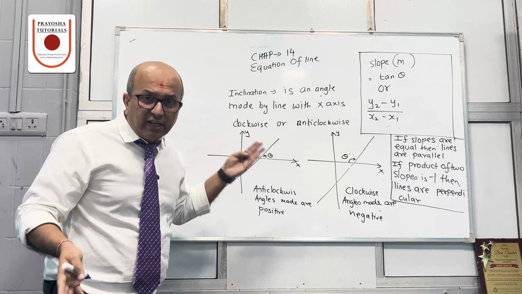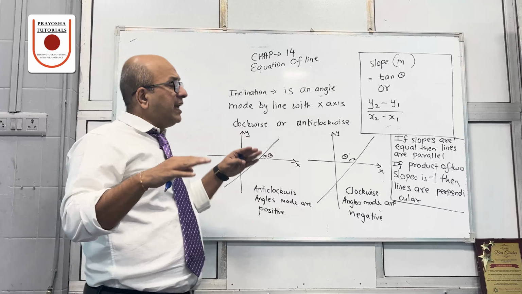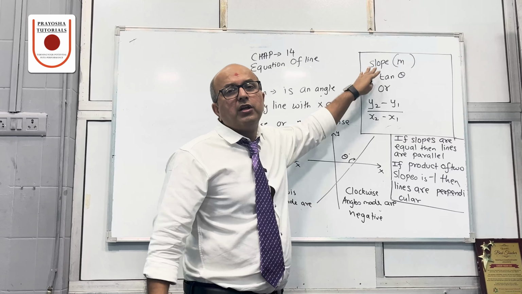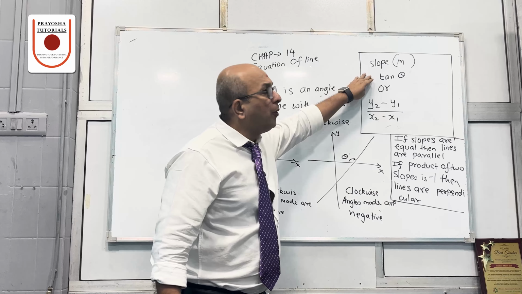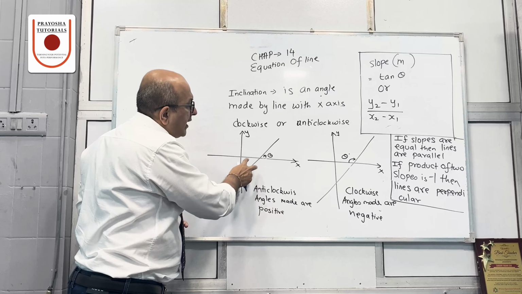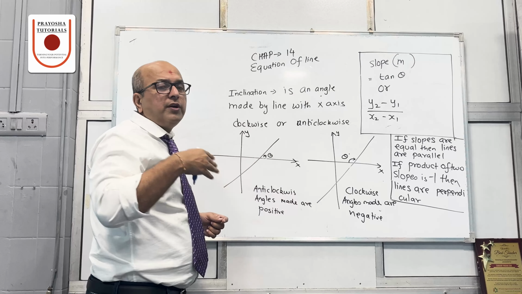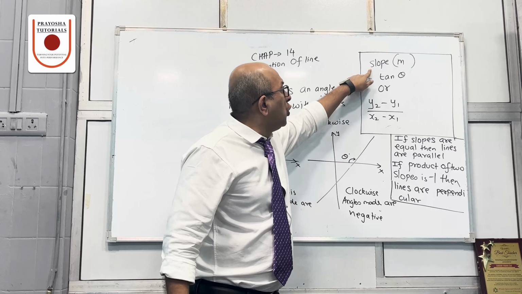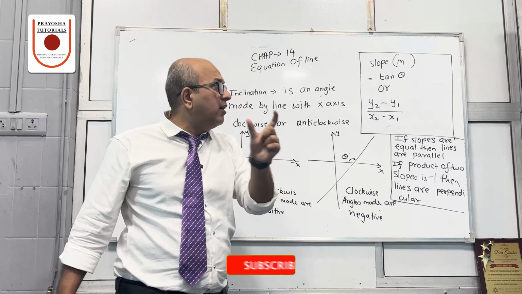Now, after inclination, the next very important thing is slope. Slope is, when you see a line making an angle, how steep it is. Slope has a formula.